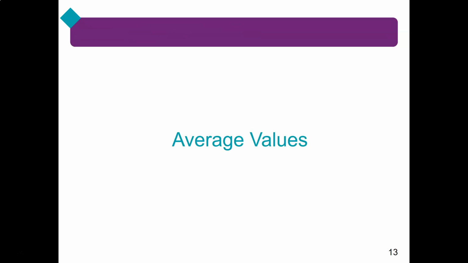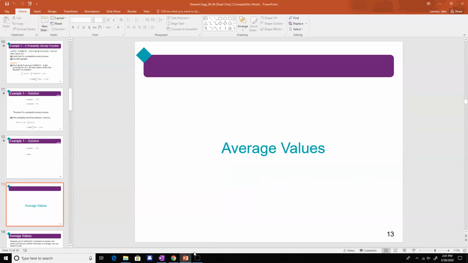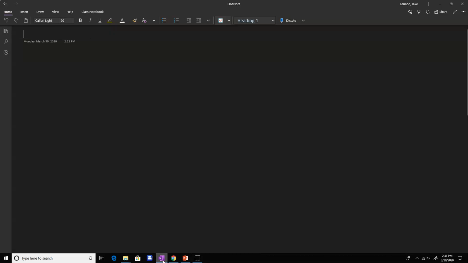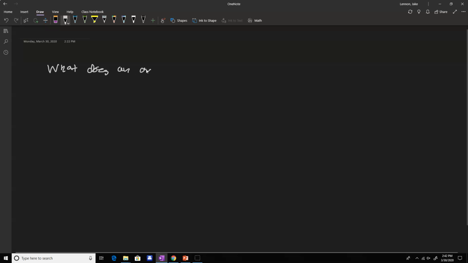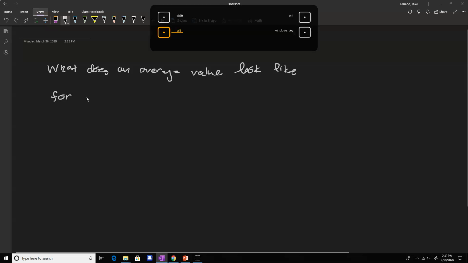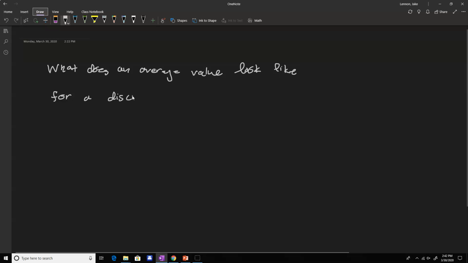Okay, so average values. If we want to talk about an average value, let me walk you through an example with a discrete case. So what does an average value look like for a discrete probability distribution?